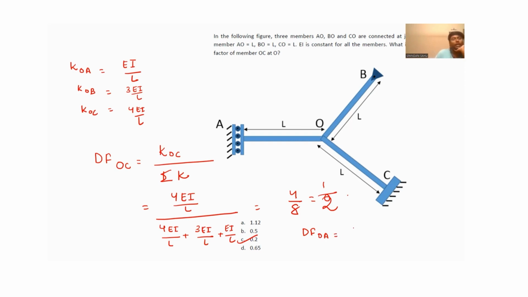What will be the KOA value? The DFOA is 0.125. And DFOB is 3 by 8.